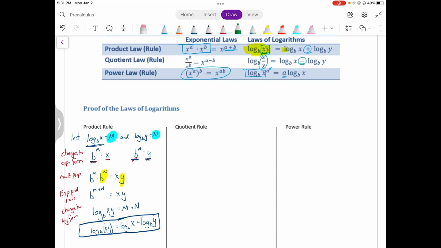We actually start off the exact same way. We are going to let log base b of x equal m, and log base b of y equal n. Then we're going to work through this.